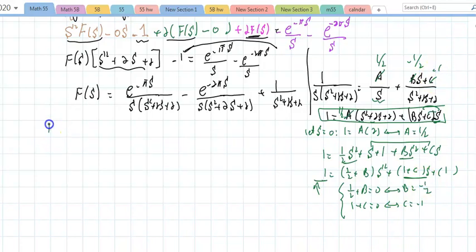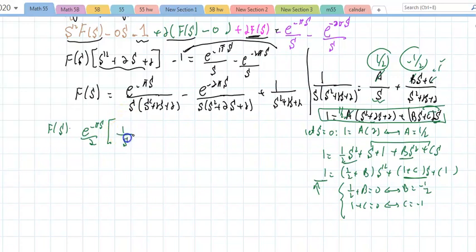So now I could rewrite the whole function as f of s equal, and if I take e to the negative pi s out of it, this is going to be, and I could take a 1/2 as well. 1/2, 1/2, make that a 2. That will make this a bit simpler.